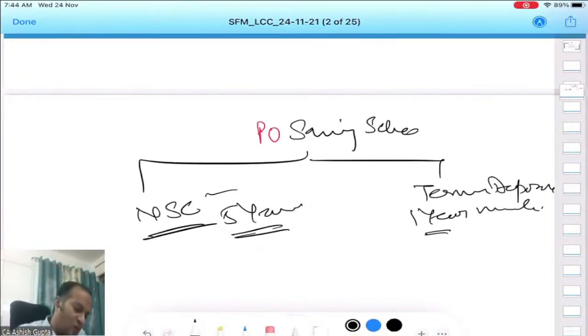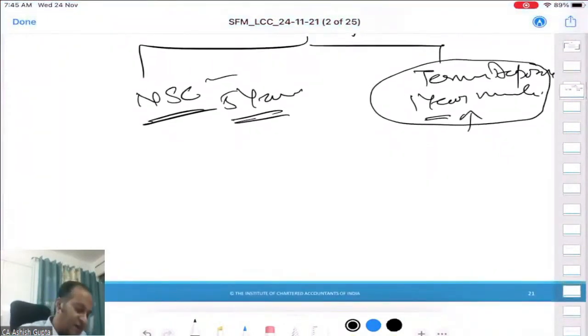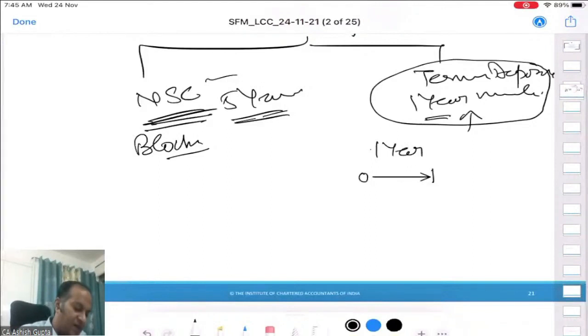Okay, so what happens normally? I have seen that people prefer the term deposit, though there is some small difference in interest. They say that for NSC I have to lock the money for 5 years, whereas with a term deposit, I can get a term deposit of 1 year. From 0 to 1, I make an investment.